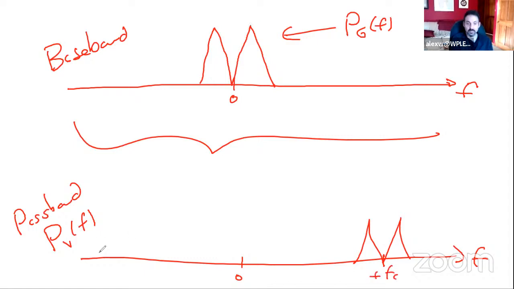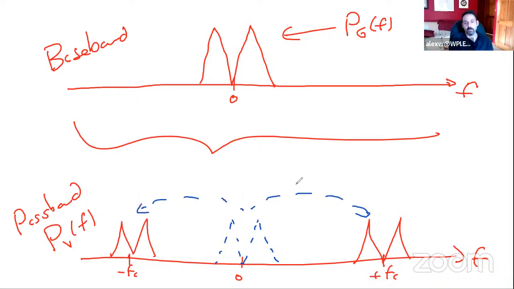So plus FC and minus FC. So what effectively happens, that process of multiplying against a complex exponential modulates over to the carrier frequencies, to plus minus FC. Okay.